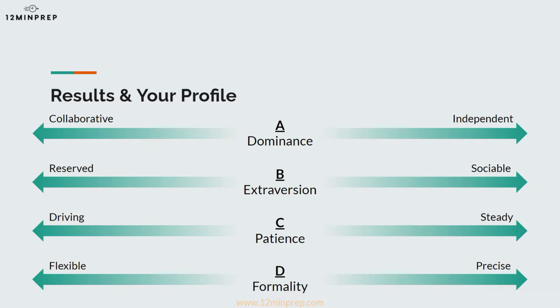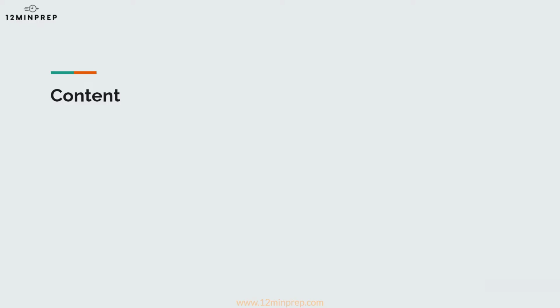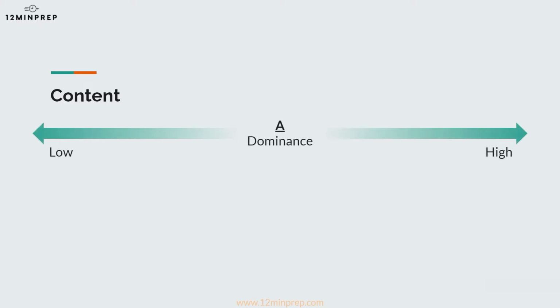As mentioned earlier, the test does not contain any questions. However, there are many adjectives that frequently appear on the checklists, and it's worth taking a look at some of them to understand how they relate to each of the major drives. First, let's look at some words that relate to dominance. Dominance is defined as the drive for impact.